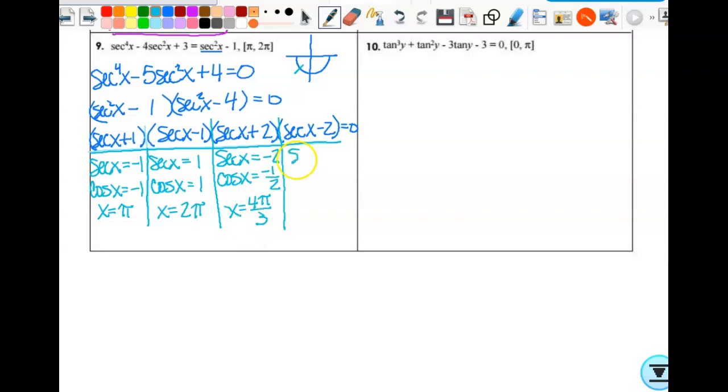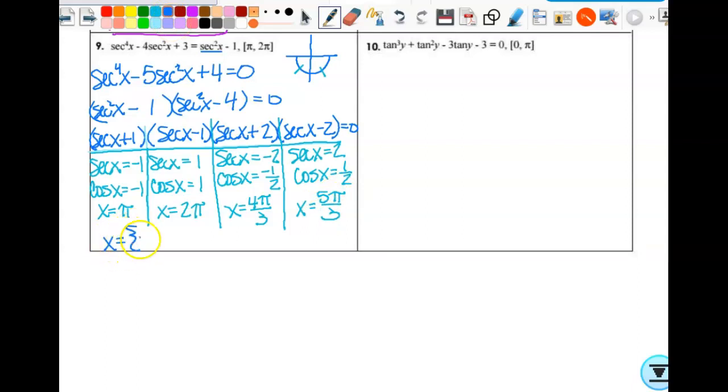Then secant x equals 2. So cosine x equals 1/2. So that's going to be in the fourth quadrant. So my fourth quadrant pi thirds angle is 5 pi thirds. Then I put all this together.